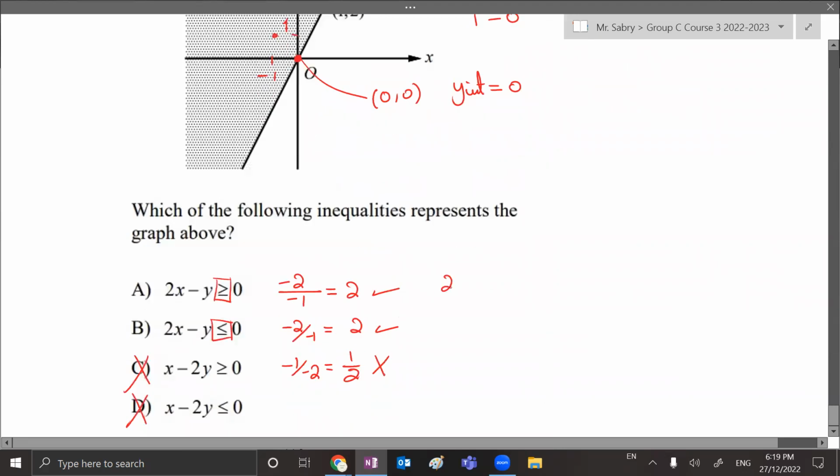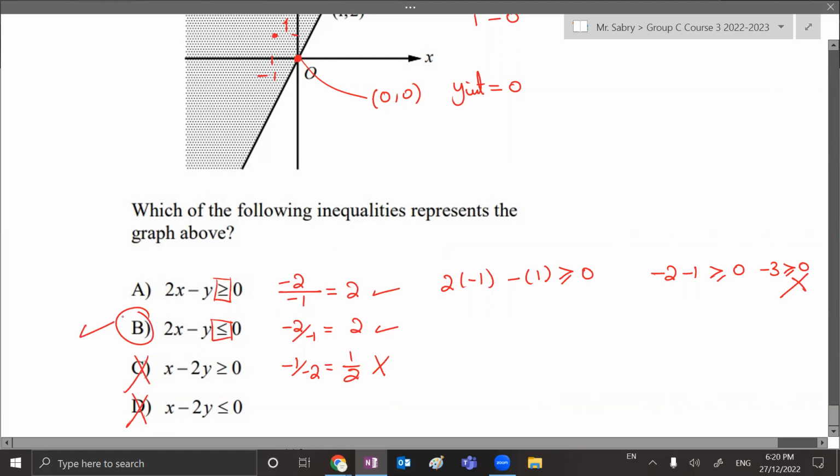So substitute 2 times negative 1, and then the y, substitute instead of the y 1, and check if it's bigger than 0 or not. This would get me negative 2 minus 1, which would be negative 3, and negative 3 is not bigger than 0. So definitely B is the right one without even trying it.